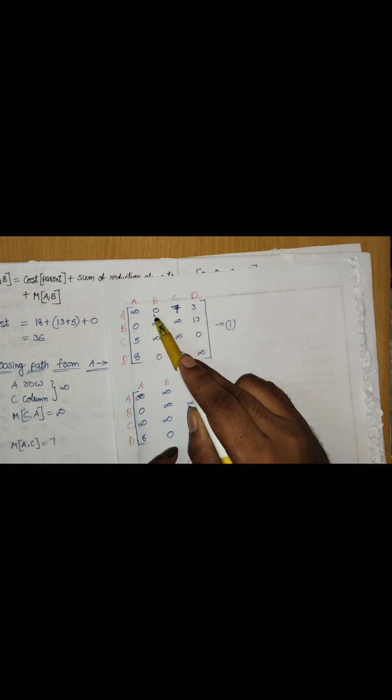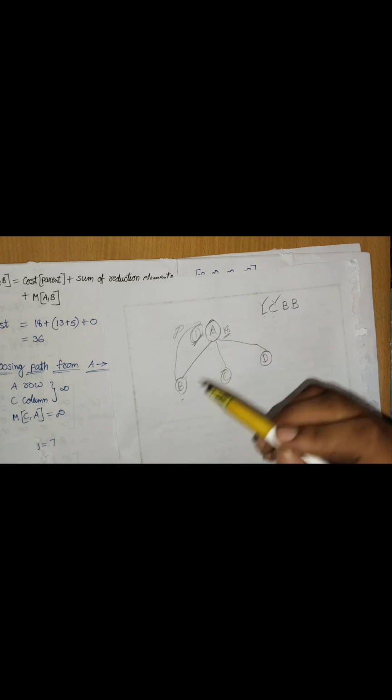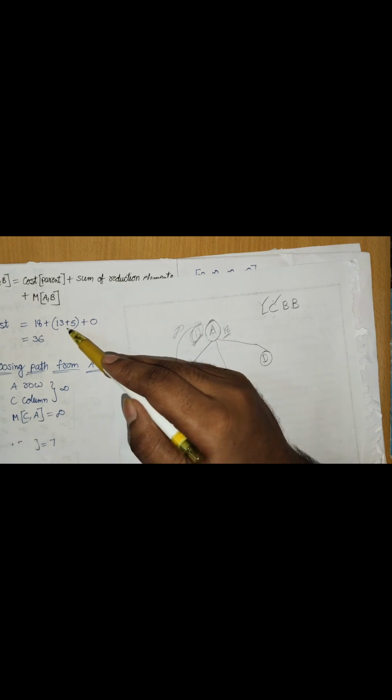So in matrix 1, A comma B, what is it? 0. So A comma B is 0. Cost of the parent node of this B is A. Cost of A is 18. So cost of parent is 18 plus sum of reduction elements. 13 is used for row reduction and 5 is used for column reduction.